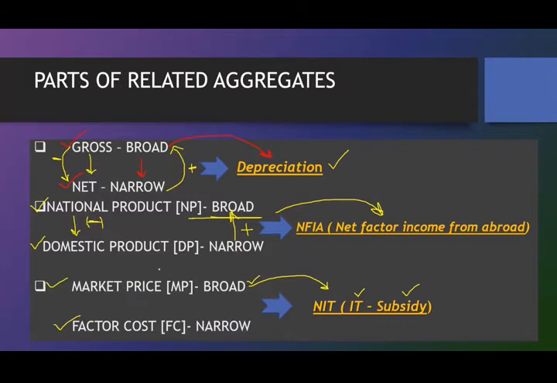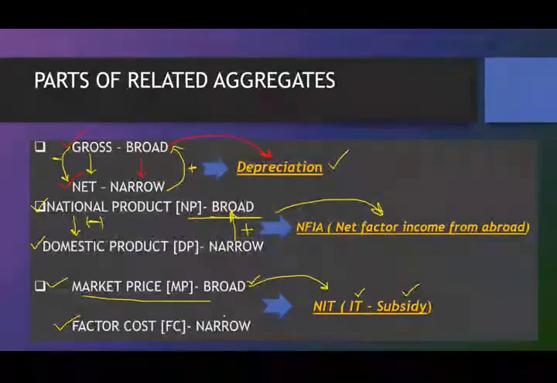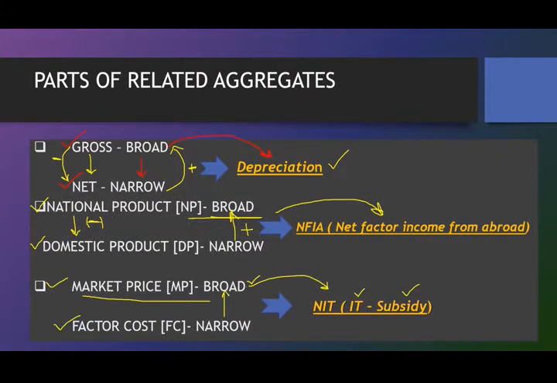So NIT is part of the market price. It is included in market price. That's the reason MP is the broader concept and FC is the narrow concept. Again, if I want to move from narrow to broad, I need to add the difference, and that difference is NIT. So if we want to reach from factor cost to market price, we need to add NIT. Vice versa, if I want to move from market price to factor cost, I need to deduct the NIT, this difference. So those were the parts of the related aggregate.